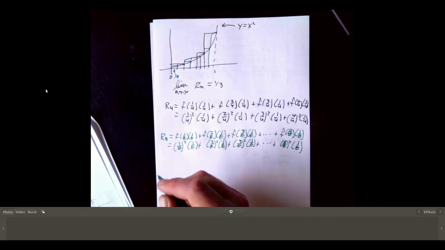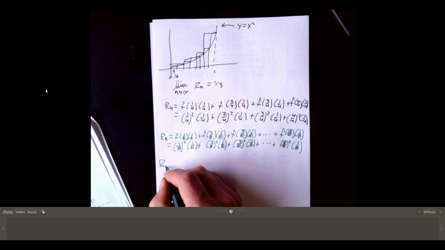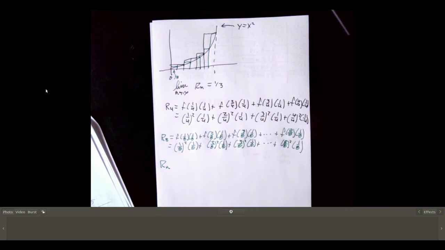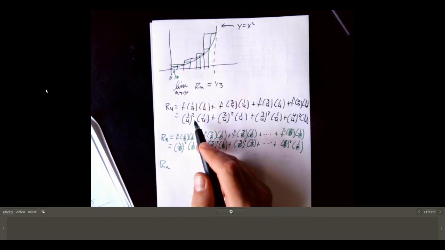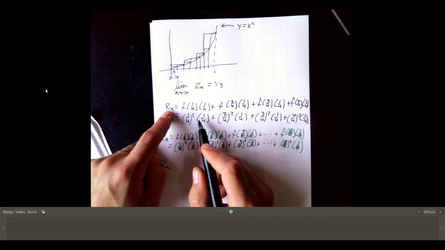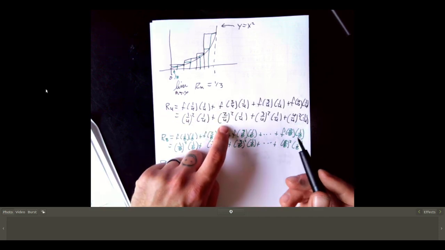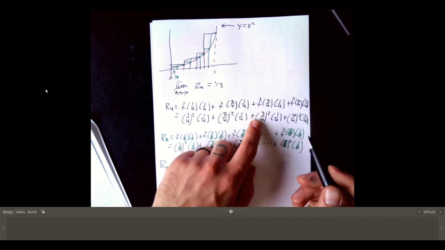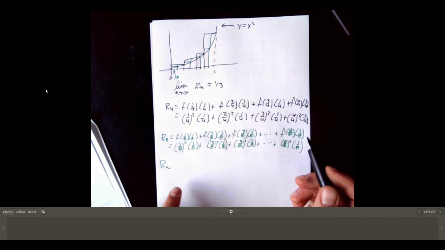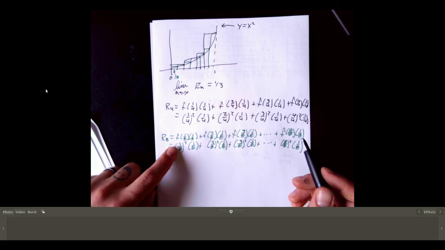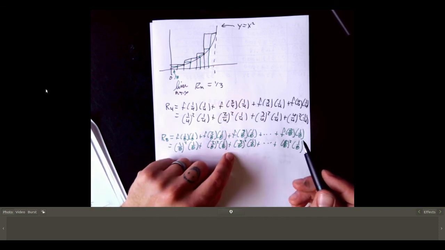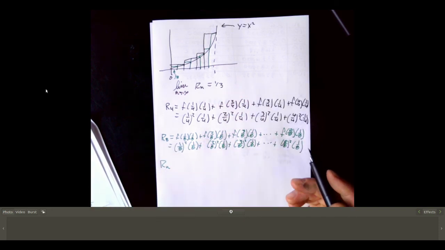And before we divide this up again and do this in 16ths, let's look at the similarities. Let's see if we can figure out what r sub n would be from this. When we had r sub 4, we had 1/4 squared, 2/4 squared, 3/4 squared, and 4/4 squared. When it was 8, we had 1/8 squared, 2/8 squared, 3/8 squared, up to 8/8 squared.